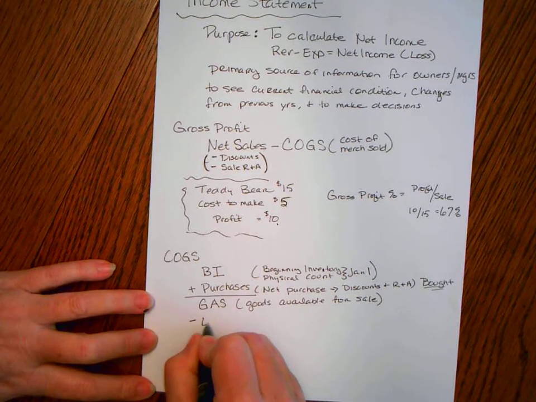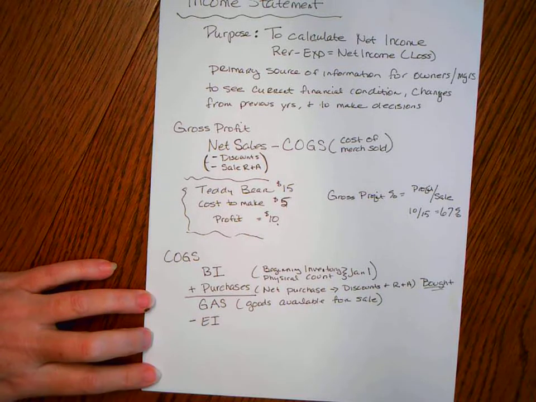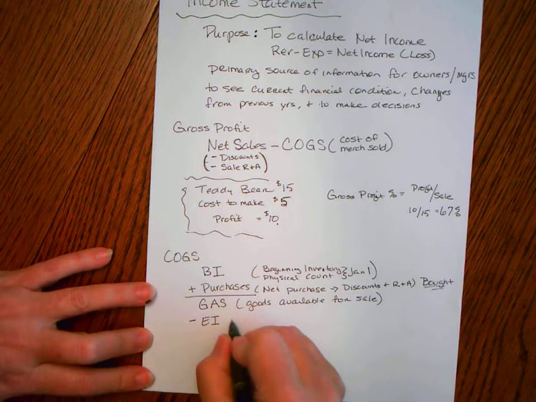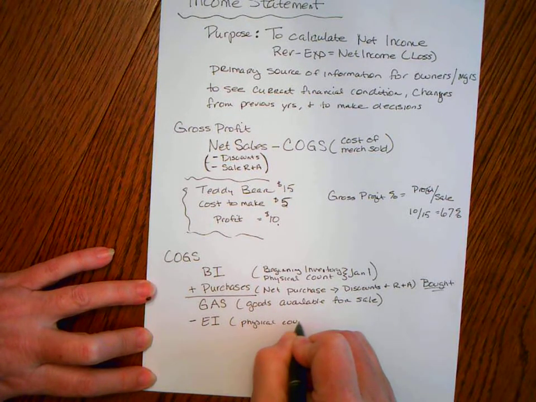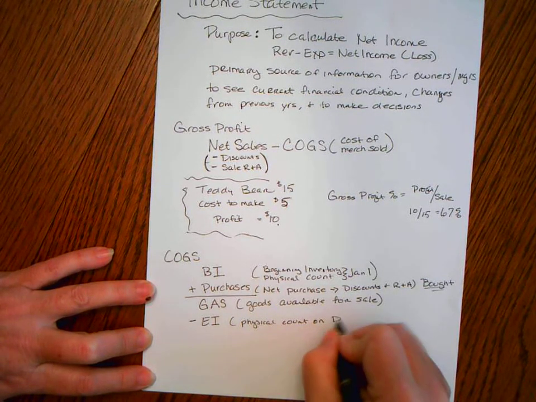Then we're going to take out ending inventory, and this is that physical count on December 31.